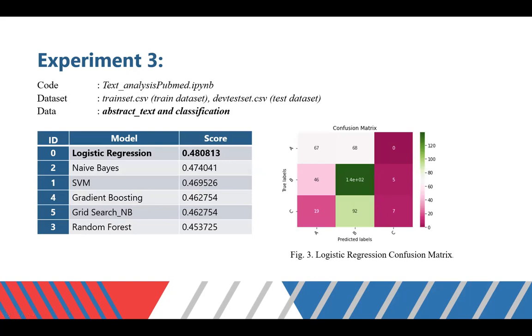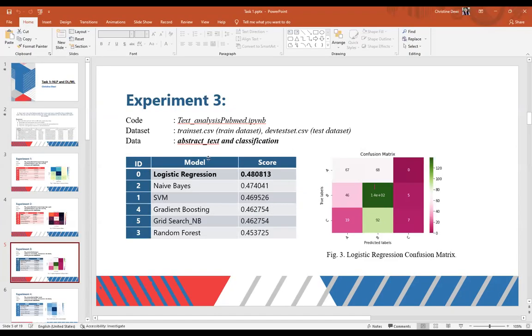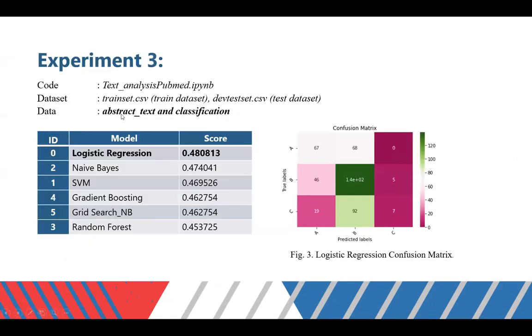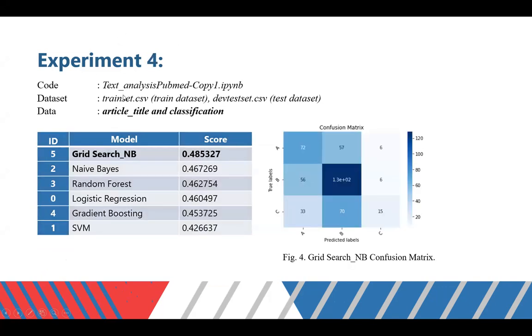And I collect just the abstract text and do the classification. The highest model is logistic regression with 48%. With the same method, I divide into 2 CSV files with the article title and classification using grid search. This one is 48.5%.